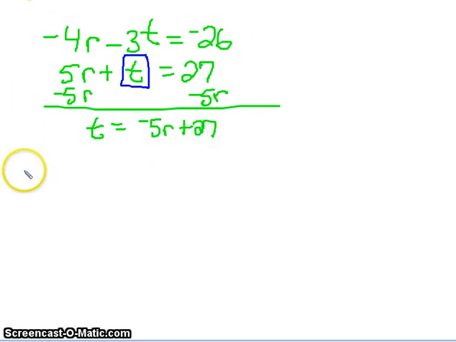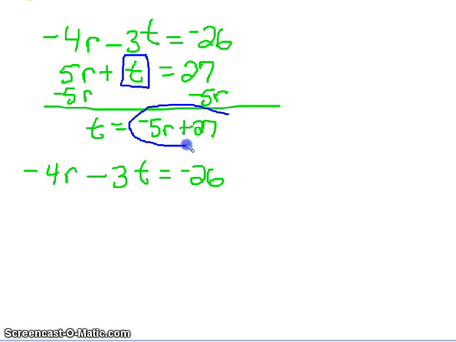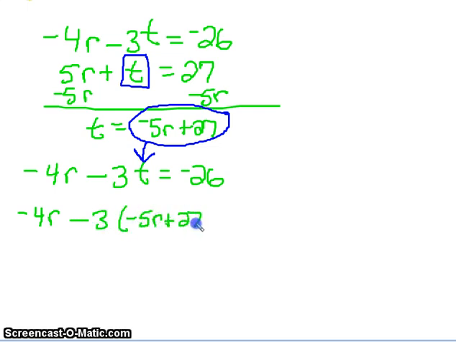If we take our first equation, negative 4r minus 3t is equal to negative 26, and take this value for t and plug it in, then there's an r, we're going to be in one variable. It's going to be possible for us to combine some like terms and get an answer. Now, we do have to use the distributive property.